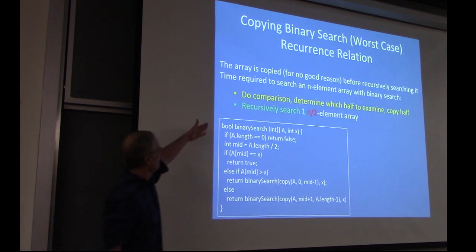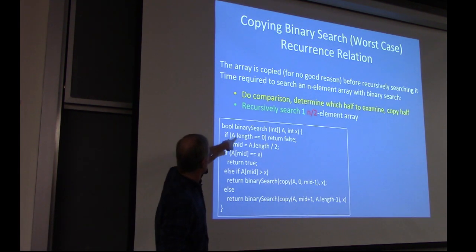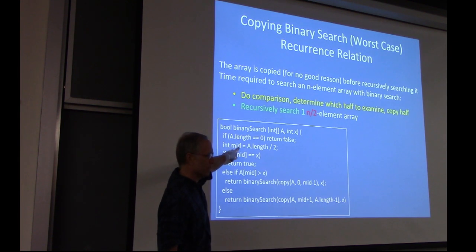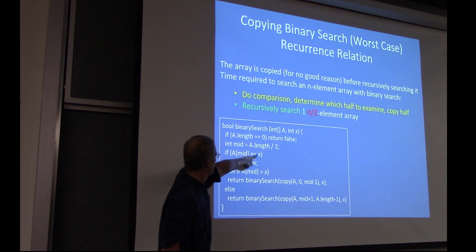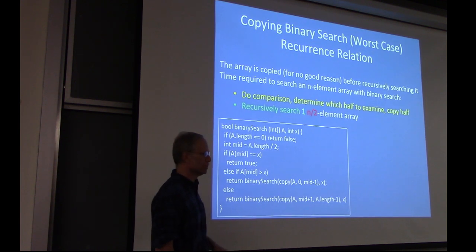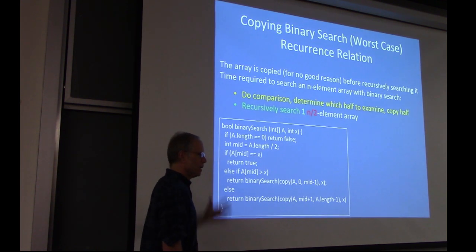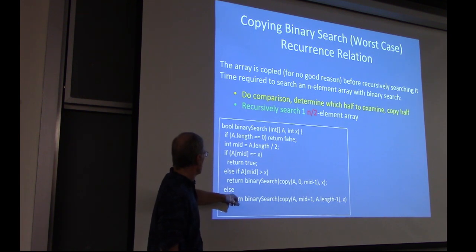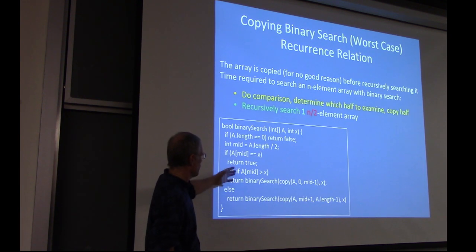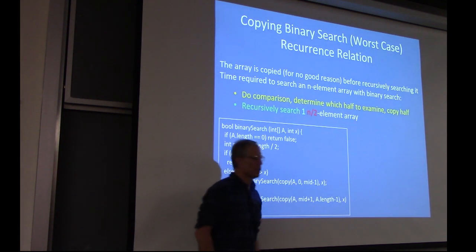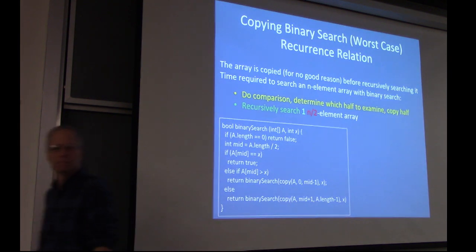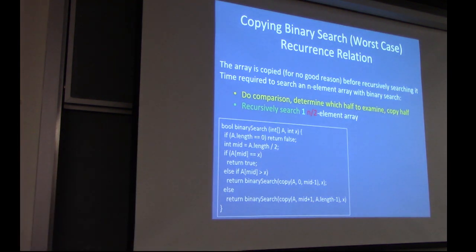So here's the algorithm. If the length is 0, return false, we didn't find it. Otherwise, we get the midpoint. If the midpoint contains x, we return true. That's sort of a best case. The worst case is we didn't find it. So what we do is we figure out which half it's in, we copy that half, and then search recursively in the copy.